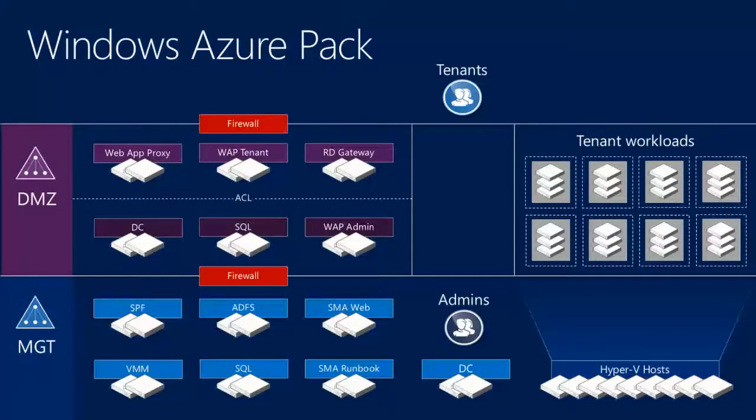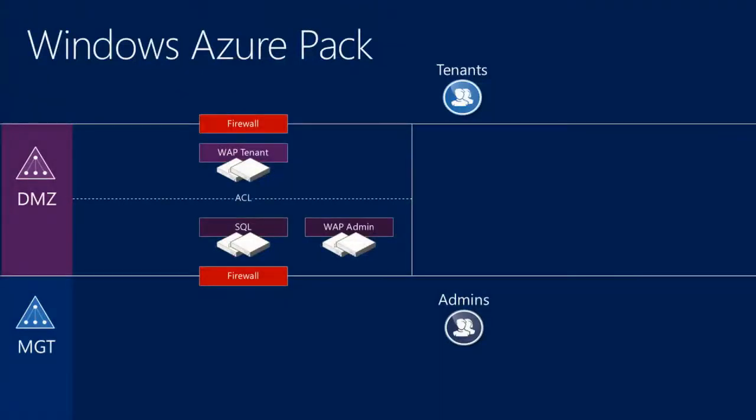Now, if we look at Windows Azure Pack, and we mute all the irrelevant information, we have two roles. We have the tenant part, which is me, and we have the admin functionalities, which is you guys. The first thing that we'll do is separate those two functionalities by subnetting the DMZ.